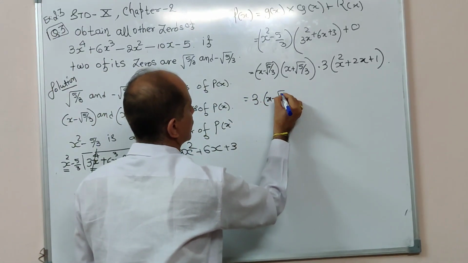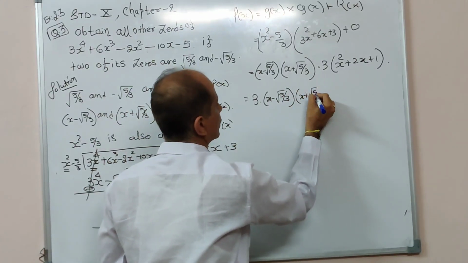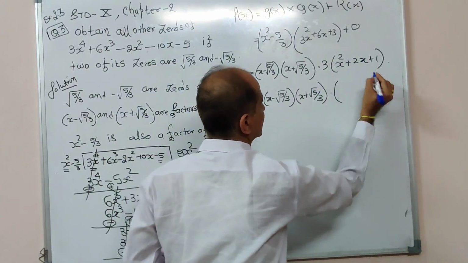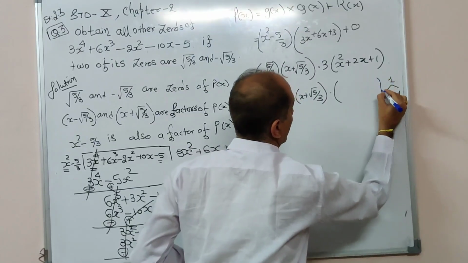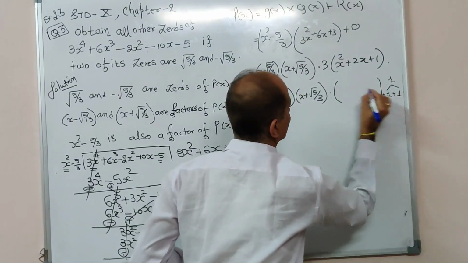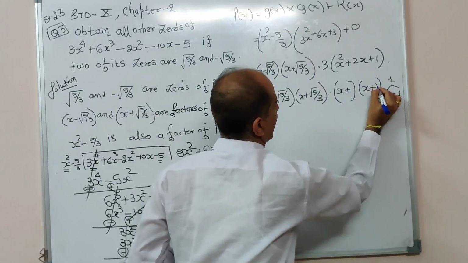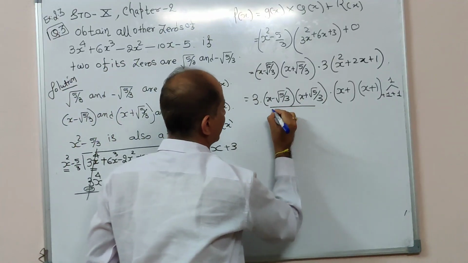So 3 into x minus root 5 by 3, x plus root 5 by 3, and you can factorize this. 1 can be factorized as 1 ones are 1, and plus plus is equal to plus plus. So you get x plus 1 in the first bracket and x plus 1 in the second bracket. These two factors are new, the other two are already given to you.